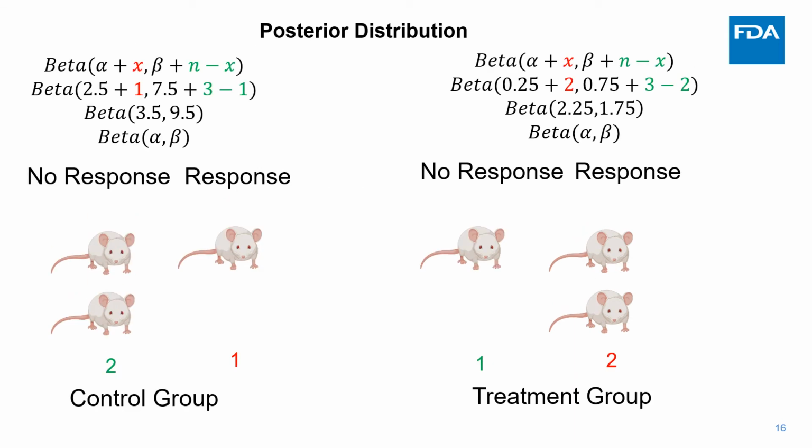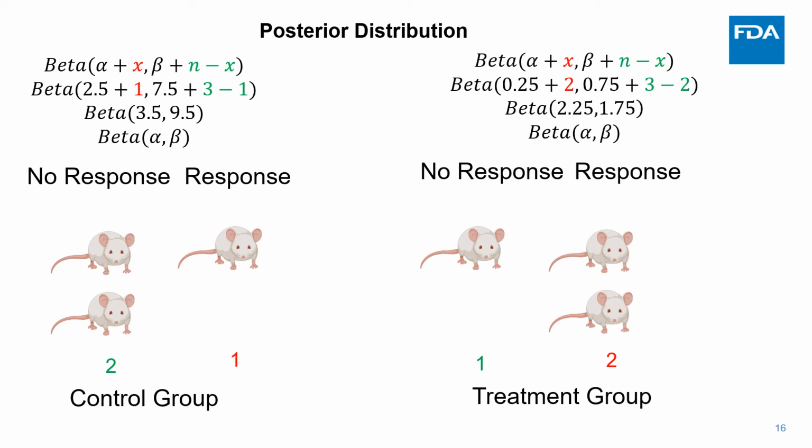So our posterior is beta alpha plus x and beta plus n minus x. In the control group, alpha 2.5 plus the number of animals that responded, 1, and beta 7.5 plus the number of animals that did not respond, which is 3 minus 1, that is 2.